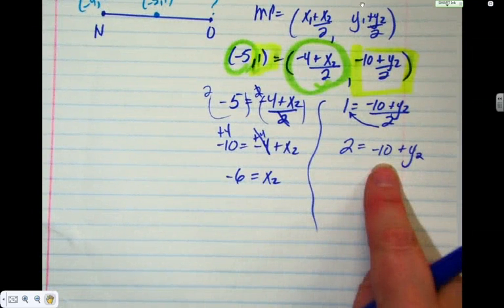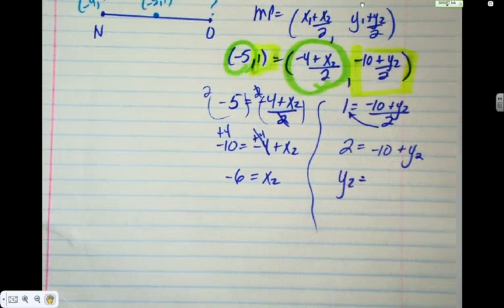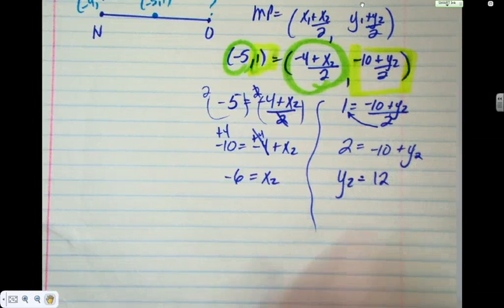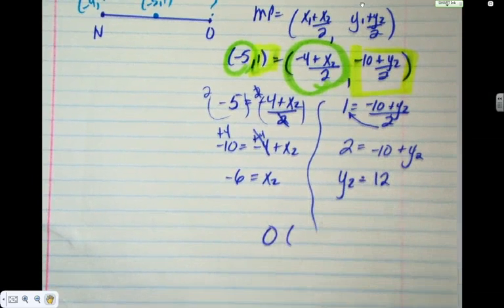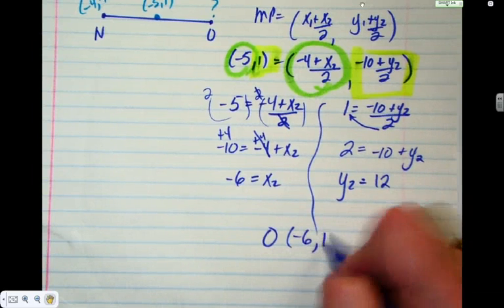How do I get rid of the -10? Add it. So y2 equals 12. So what are the coordinates of O? -6 and 12.